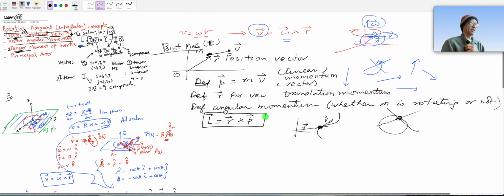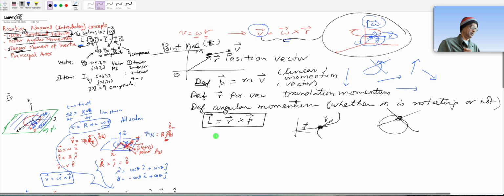Now, if a system is going in a circle, or has an angular velocity I can attach to it, then I would like to know what this becomes in that case. So I can write this as R cross M V, and I can replace V by what we have found, angular velocity times the position vector.